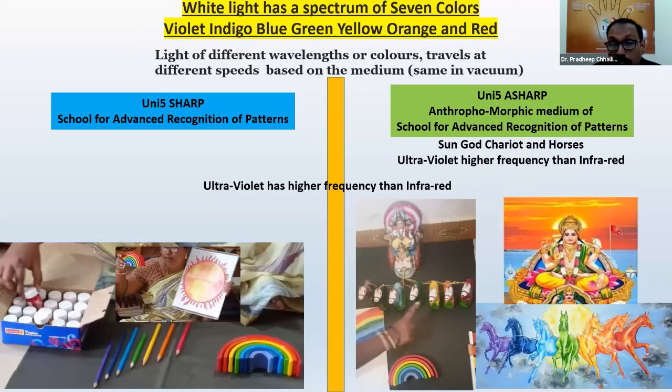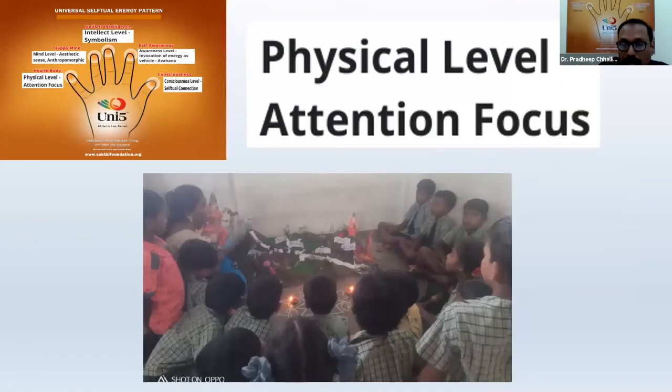When we introduced the SHARP model, it was really a big change. But now we see that when we introduce the A-SHARP model with the sculptures from the Shilpa Shastra, attention stays for a longer span of time.